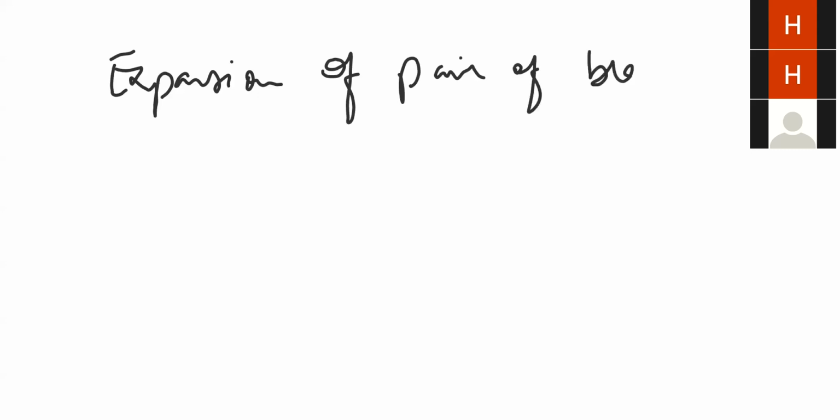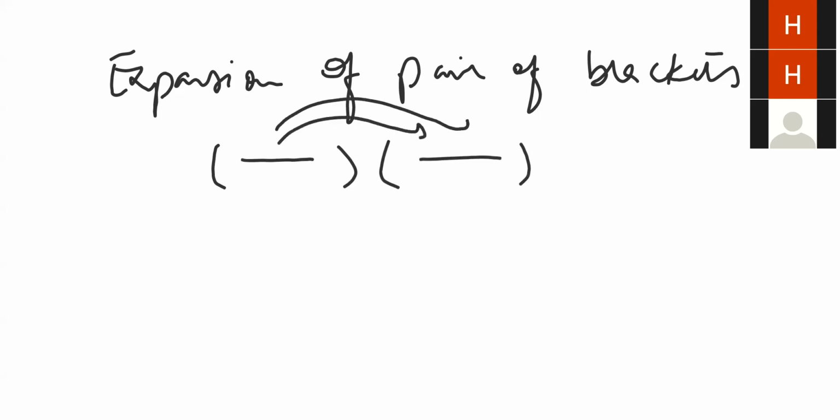In expansion of a pair of brackets, what you're supposed to do is multiply all the terms of the first bracket with all the terms of the second bracket. So all the terms of the first bracket will be multiplied with all the terms in the second bracket. Now, applying that in our question, we have x plus 2 and x plus 1.